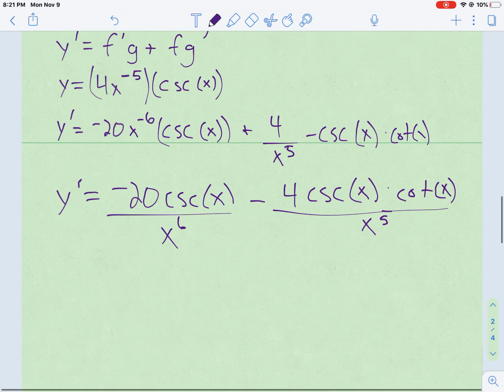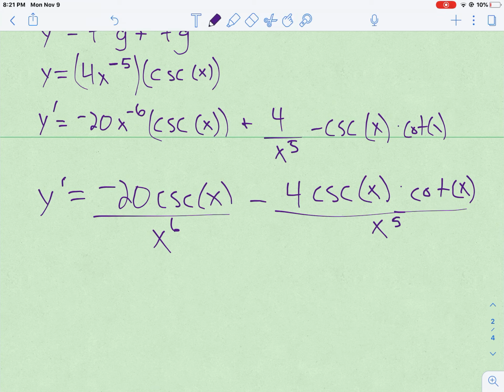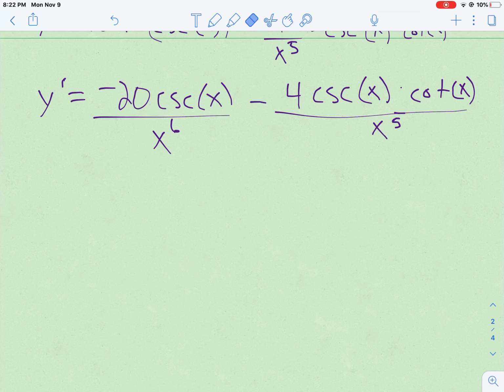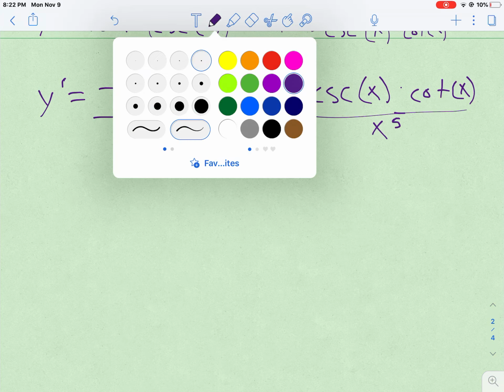Now, if you really wanted to be cute, you'd multiply this guy by x over x so that these two could have the same denominator. I don't have to go through all that, okay? But I'm just telling you what you could do, right? So, let's play it out, actually.